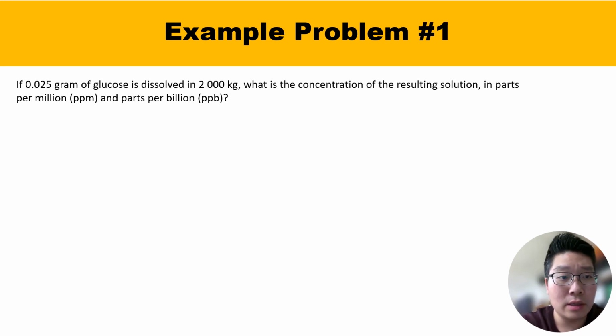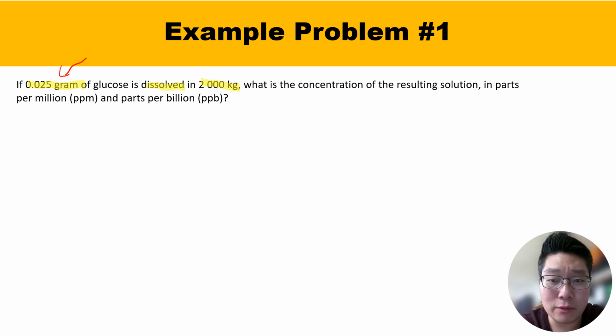First thing first, 0.025 gram of glucose that is dissolved in 2,000 kilogram. You need to identify what these numbers are representing. 0.025 gram is something that is dissolved into water in this case, I assume, 2,000 kilogram of something.